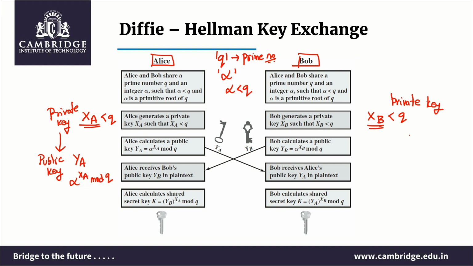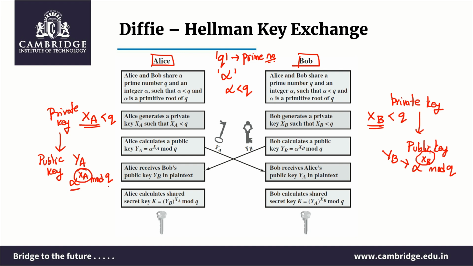And likewise, Bob is also generating a public key through his private key. Let Bob's public key be YB. Now how is this generated? Alpha power XB mod q. See, this XB here and XA here are not known to anybody.